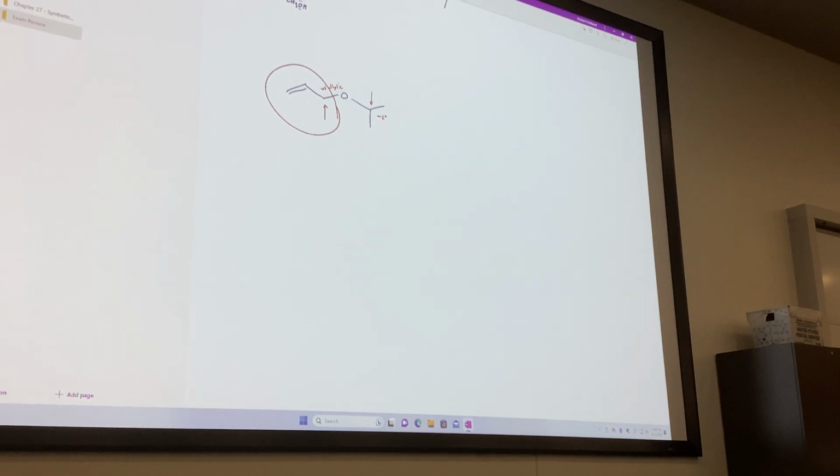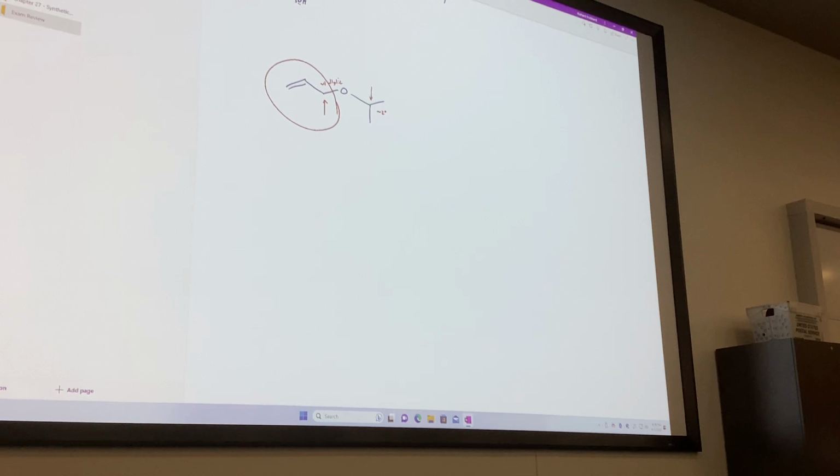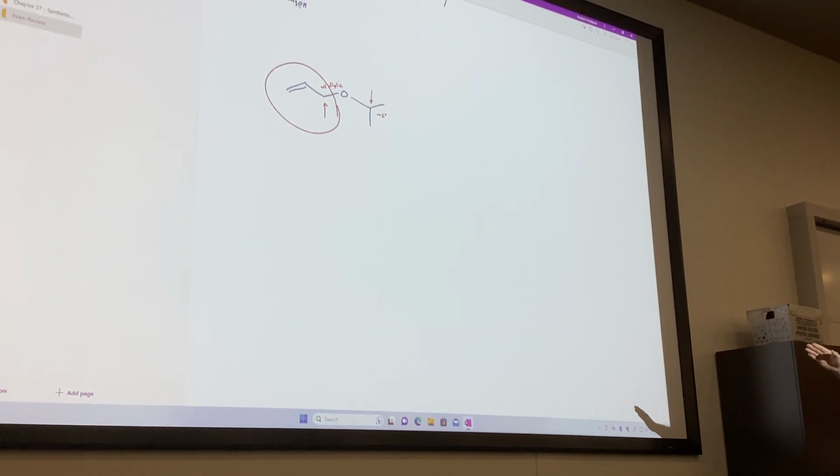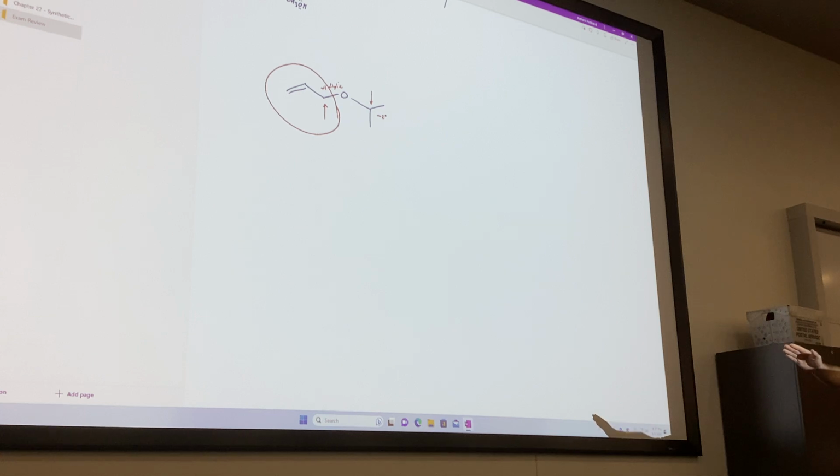And then what about secondary allylic versus tertiary? The way our carbocation stability goes: methyl and vinyl, bad, then primary, secondary, tertiary, primary allylic, secondary allylic, tertiary allylic.